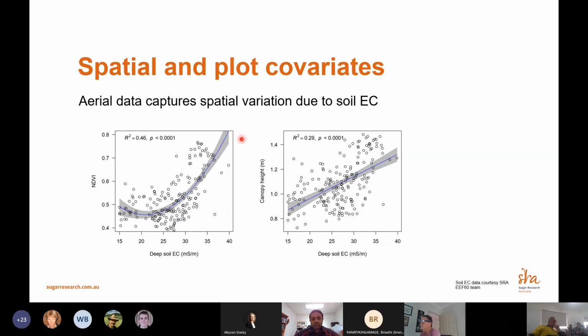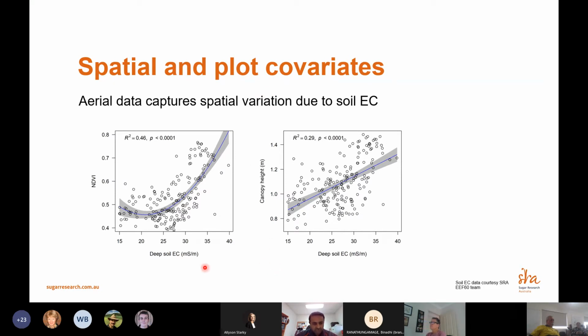Those things are generally not accounted for well in the breeding program because they are very difficult to measure using traditional approaches. Measuring the plot gaps in 3,000 plots is quite difficult. But with phenomics approaches, we could effectively capture a number of spatial and plot-based covariates and use them as covariates in breeding trial analysis to improve the precision of the phenotype.